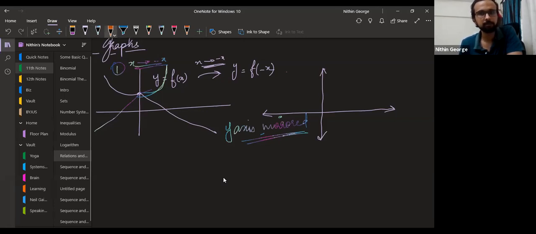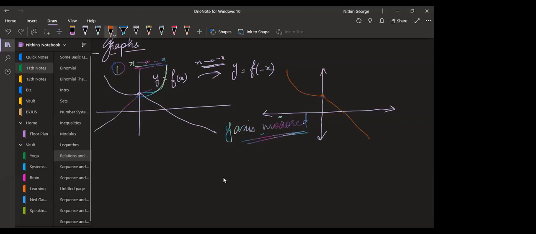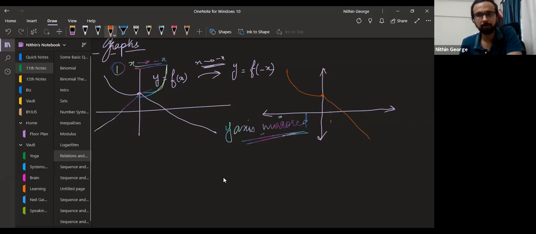Like any graph, this will work. So suppose x is equal to 1. When I say f of minus x at x equal to 1, you're expecting f of minus 1. So f of minus 1 was here. So f of minus x will be plotted accordingly. And then if you take the value 2, you're looking for f of minus 2.